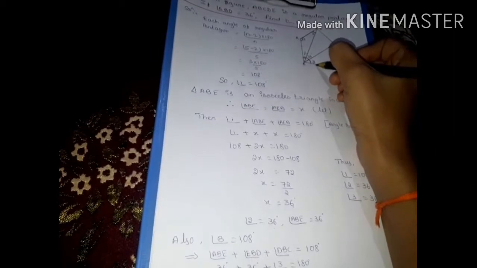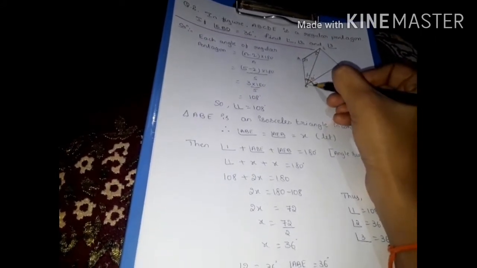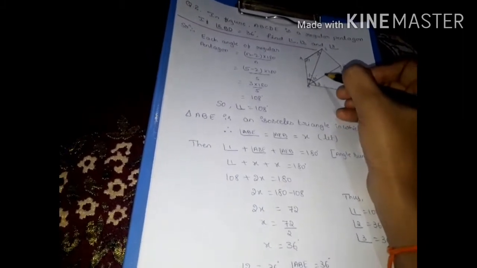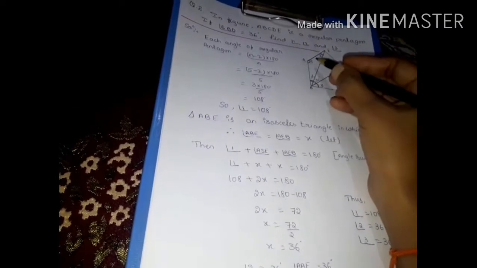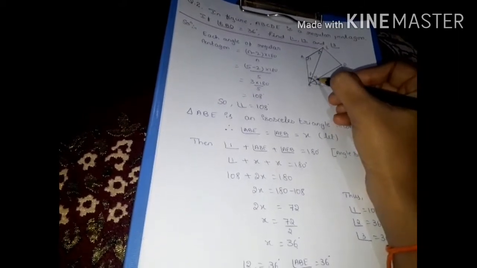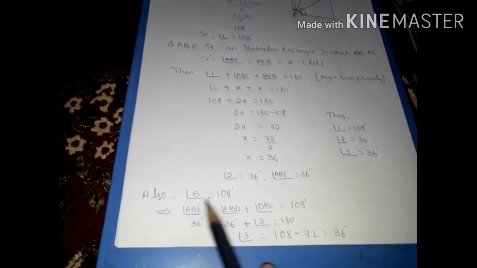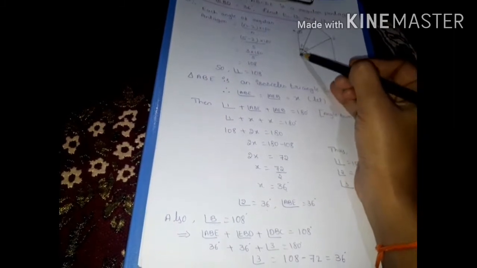Next, what we have to find here? Angle 3. To find angle 3, x plus 36 plus angle 3, complete this angle, nothing but complete angle B, measures 108 degrees, because each angle in a regular pentagon always measures 108 degrees. X plus 36 plus angle 3 is equal to 108 degrees. So you have to write in the next step, x nothing but angle ABE.